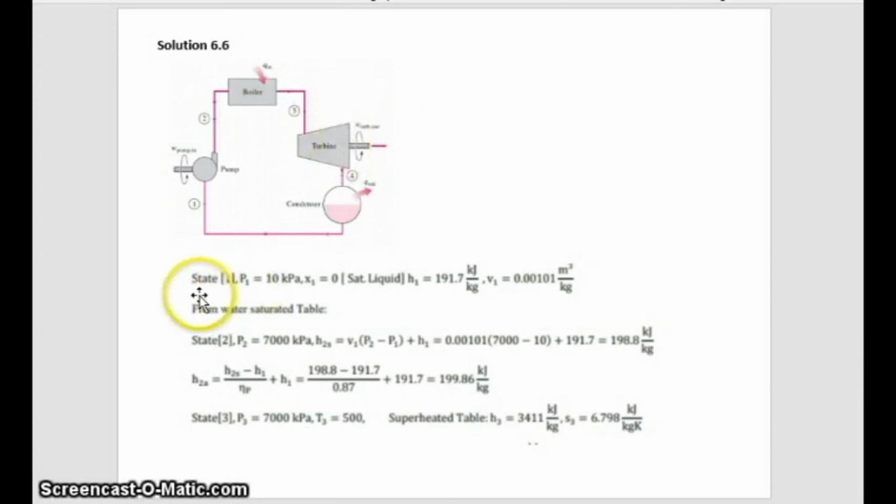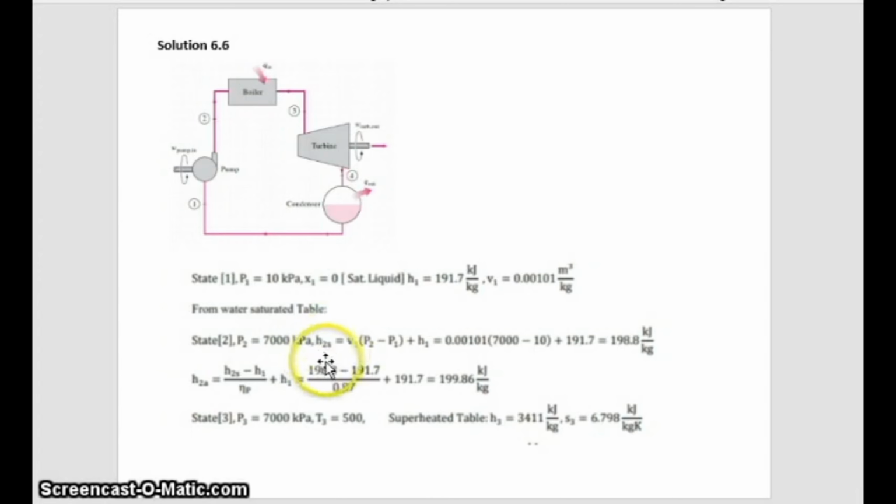So we go to state number 1. P1 has been given, X1 is 0, so it's a saturated liquid. H1 is equal to Hf. V1 also is equal to Vf. Find it in the properties table. Okay, step number 2, P2 is 7000 kilopascals.